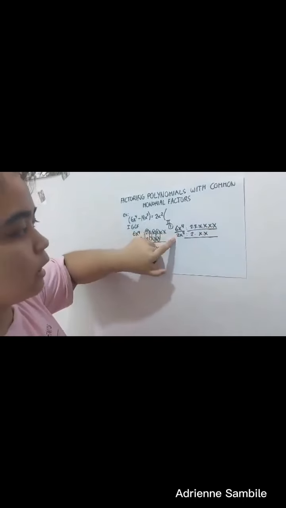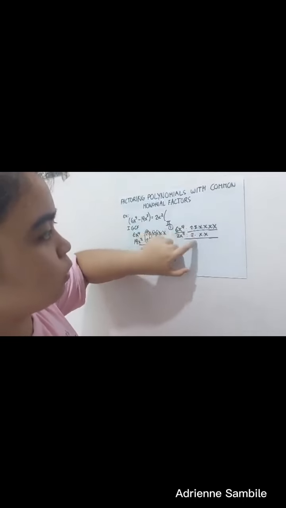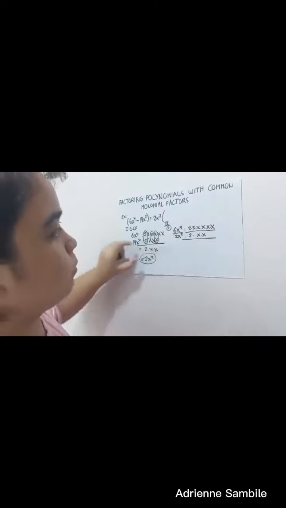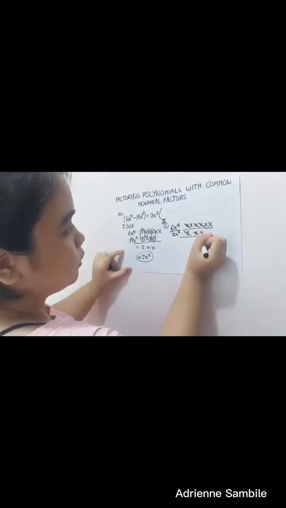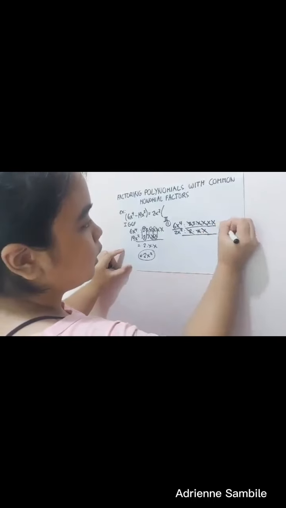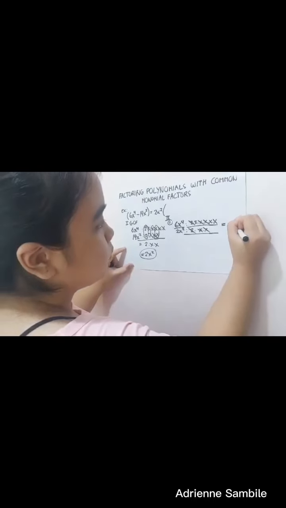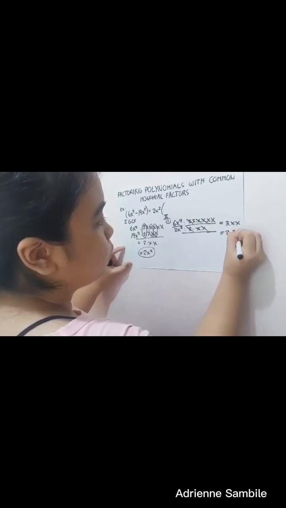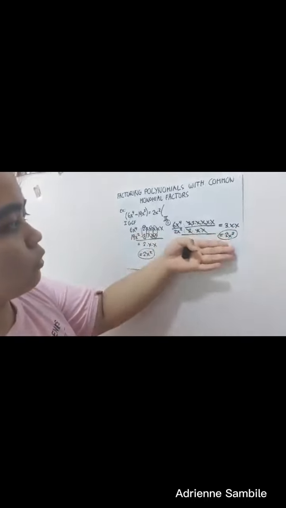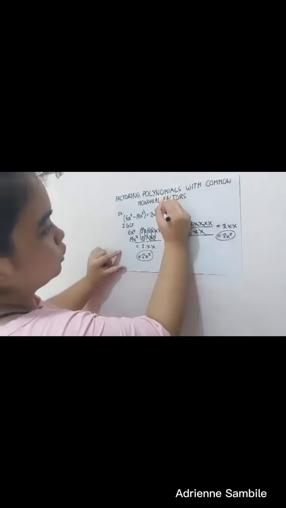For cancellation, we need to cancel the matching prime factors. So, cancel. So, what is left for us is 3 times x times x. So, it becomes 3x squared. There, we answered number 1. So, let's put it here.